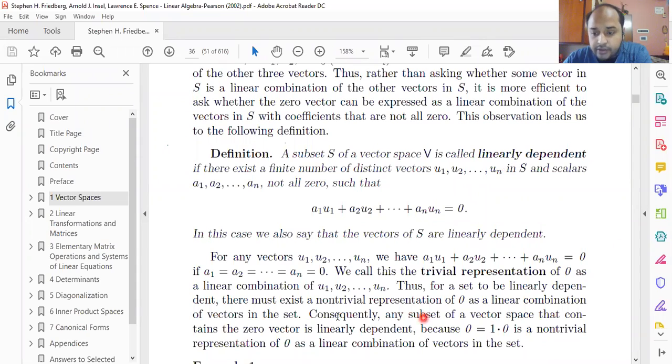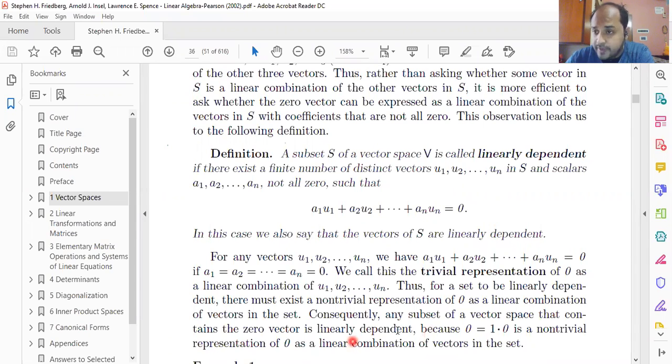Any subset of a vector space that contains the 0 vector is linearly dependent. In chapter 1.2, there was an exercise which talked about the singleton 0 vector being a vector space. So we know that a set containing the 0 vector only is a vector space. I asked you to try that particular problem.